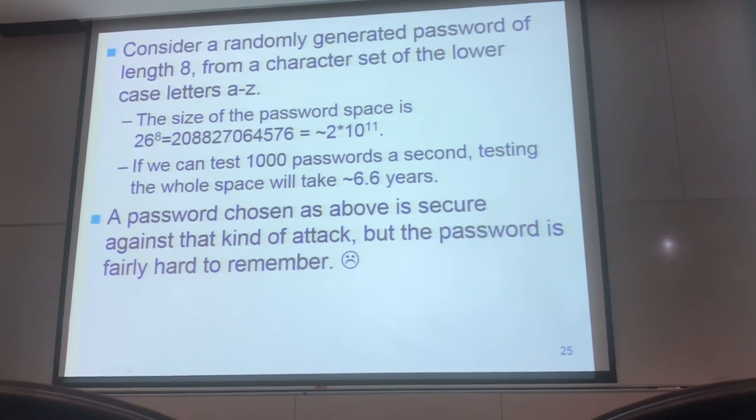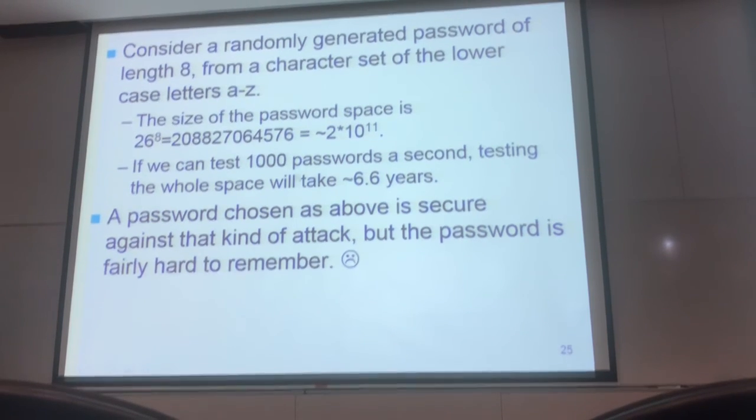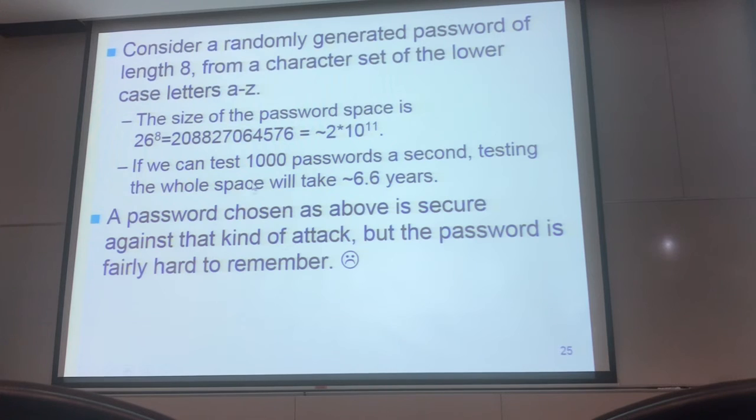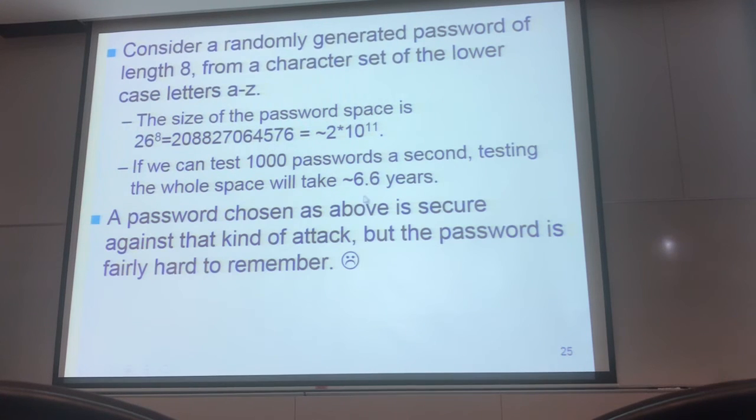We have 26 to the power of 8, because we have 8 positions, each with 26 possibilities. Then if we assume the attacker can test 1,000 passwords in a second, we can simply calculate the time: you use this number divided by 1,000, and you will get a time of 6.6 years.